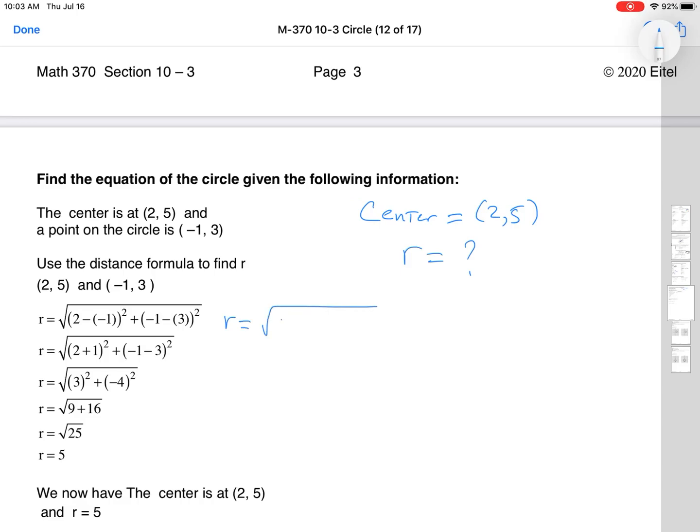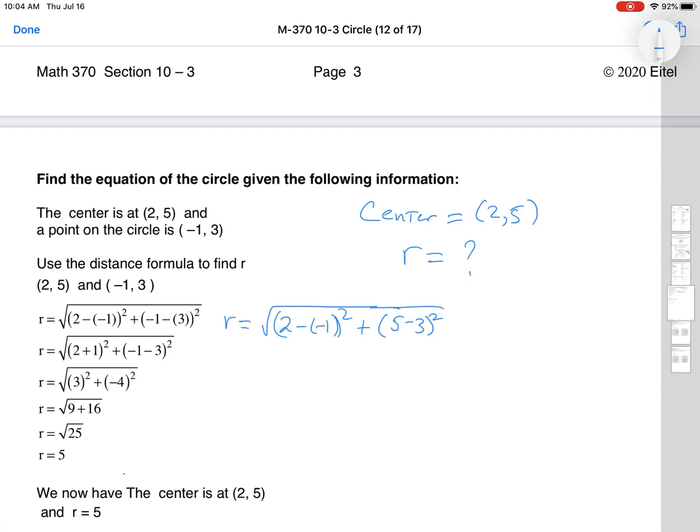I believe he's right that the subtraction of the x's is 2 minus -1 squared. Subtraction of the y's, 3. So we got to do it in the same order. Well, I guess it wouldn't matter because of the square, but I will model it doing it in the same order. 2 minus -1. And then we need a 5 minus 3 squared.